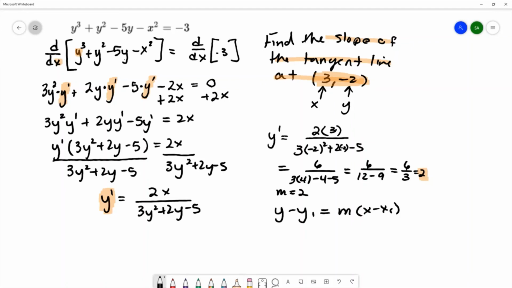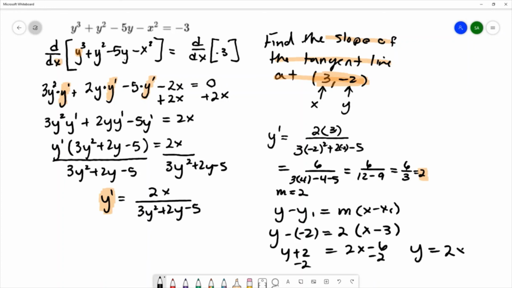So this is y minus negative 2 equals 2 times x minus 3. That's y plus 2 equals 2x minus 6. And I'll subtract 2 on both sides. That gives me the equation y equals 2x minus 8 as the equation of the tangent line.